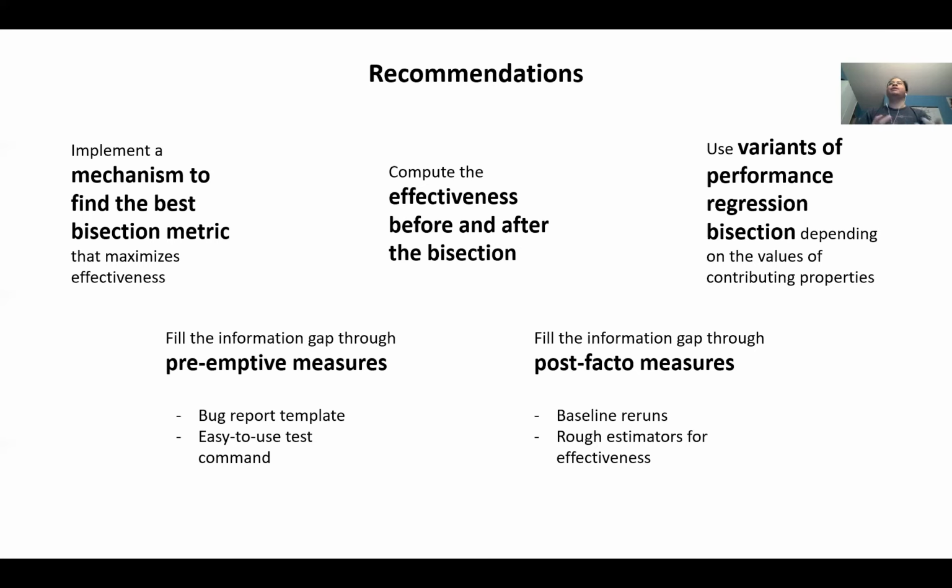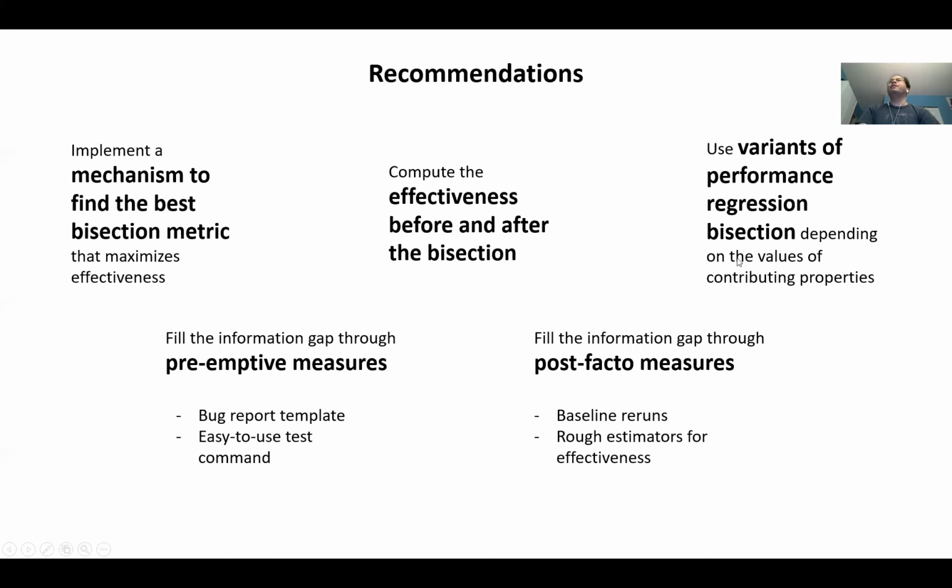And we can take advantage of the effectiveness measure that I've derived to make that assessment. The other recommendation is computing the effectiveness before and after the bisection. This one's actually kind of related to one of the research questions that I didn't go through here, which is on the transition index. So you can refer to the paper for that one.